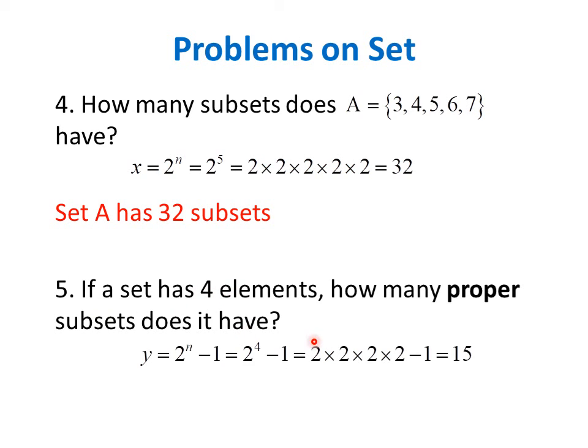The formula for the proper subsets is 2 to the n minus 1, to discard the entire set, or the improper subset. So 2 to the 4 minus 1. 2 to the 4 is 4 2's multiplied together, so we have 2 times 2 times 2 times 2 and minus 1. 2 to the 4 is 16, minus 1, 15. Therefore, the set has 15 proper subsets.